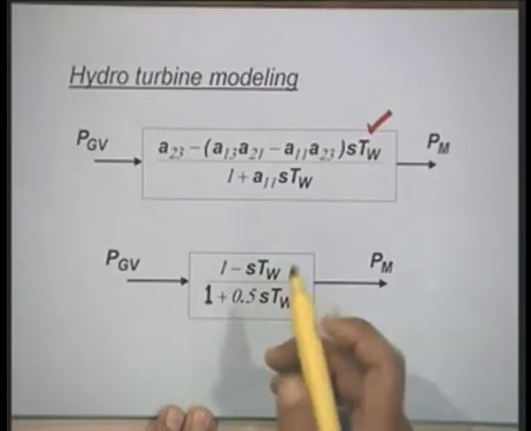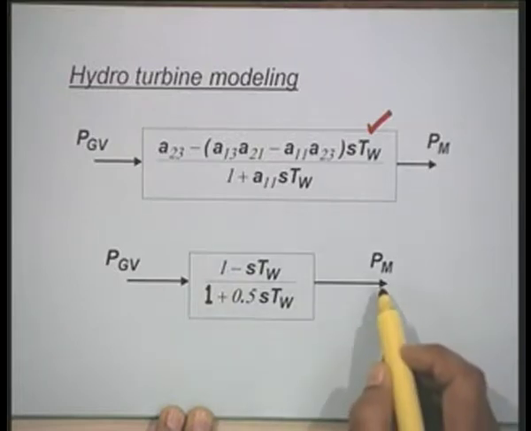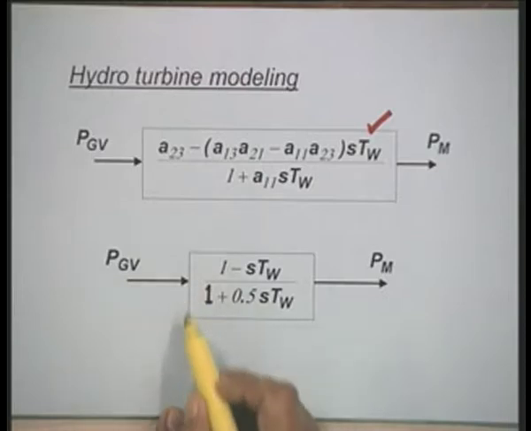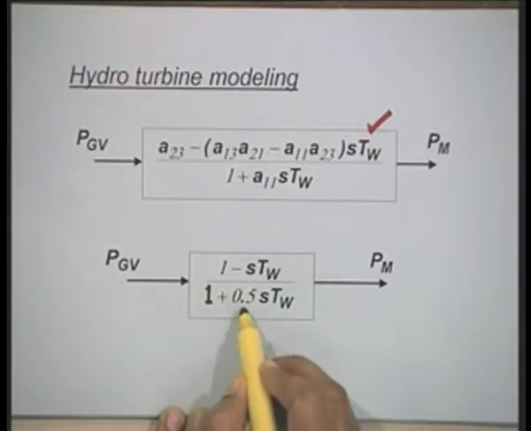If we make use of these values and obtain a transfer function relating the mechanical power developed to the valve position, it comes out to be a very simple transfer function of the form (1 minus S TW) by (1 plus 0.5 S TW).